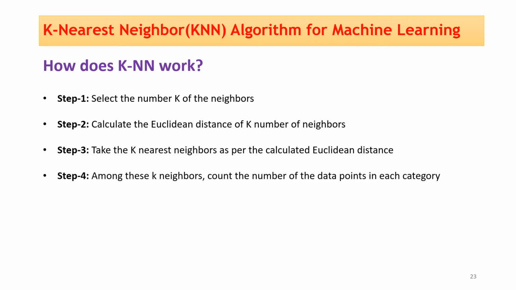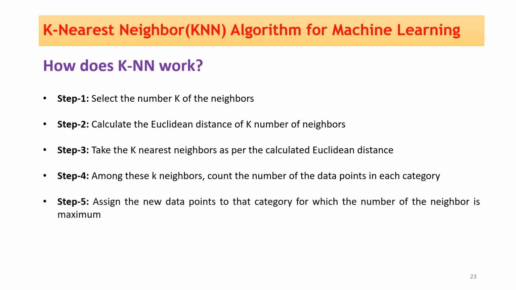Step 4, among these k neighbors, count the number of data points in each category. Step 5, assign the new data point to the category for which the number of neighbors is maximum. And the last step, our model will be ready.